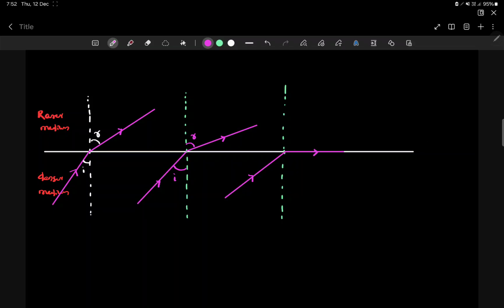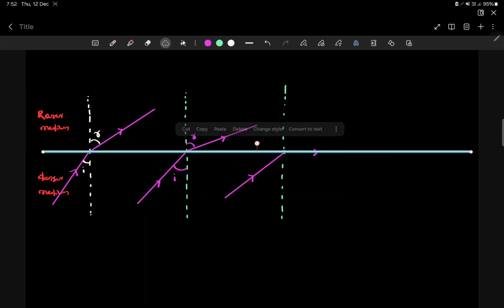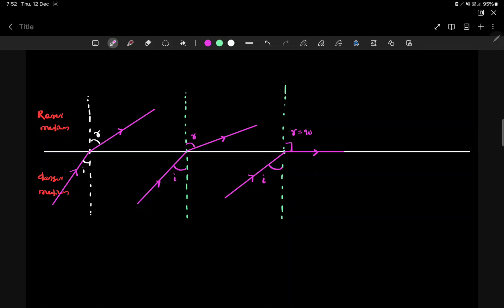This white color line is our interface. This is our refracted ray. Here this is the angle of incidence and the angle of refraction is 90 degrees. This particular angle of incidence is called the critical angle C.